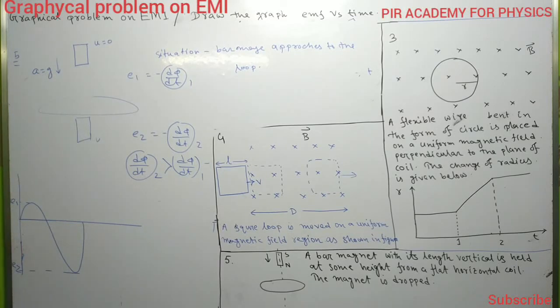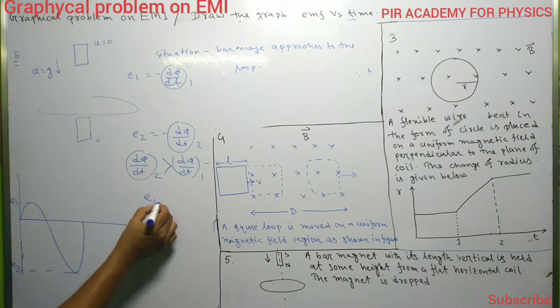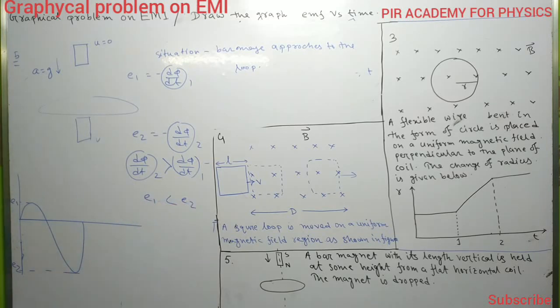So E1 is less than E2. That's why this is the graph for this condition.